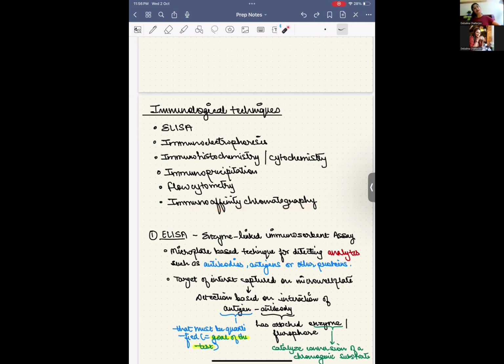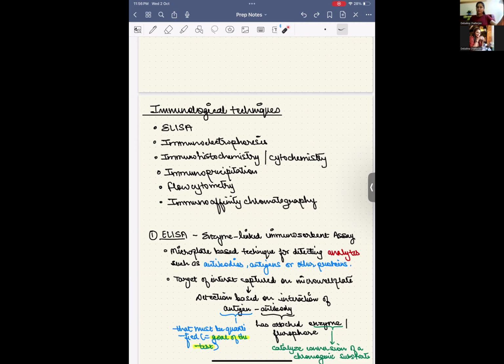So immunoaffinity chromatography is wherein I am interested in purifying some sort of protein. So we have a chromatographic column, right? Chromatography can again be of multiple types. Just understand that there is some sort of a matrix which supports the interaction or binding of my protein of interest.